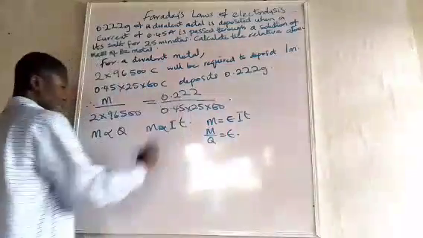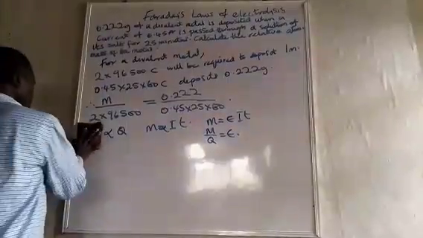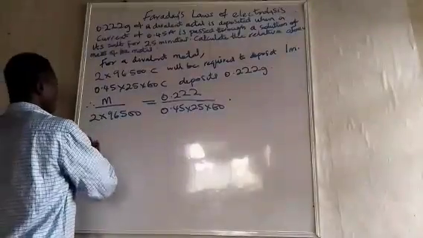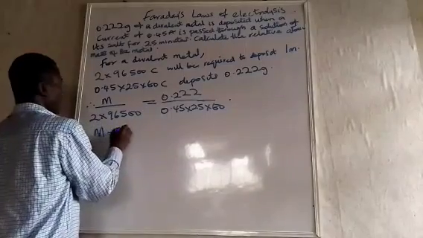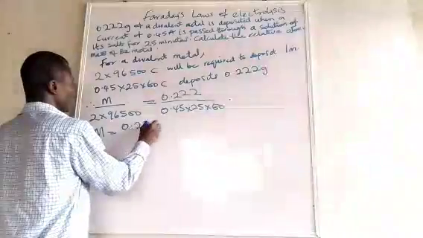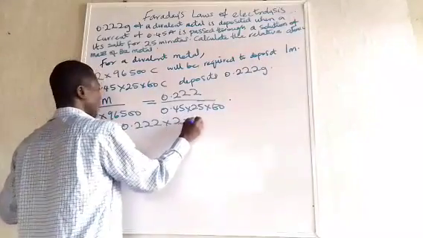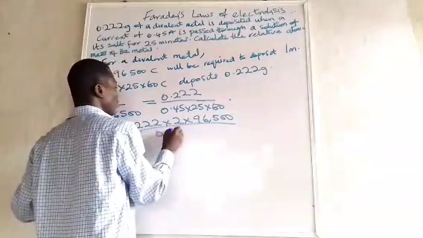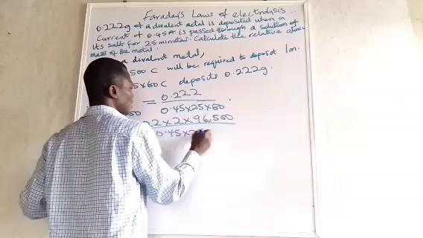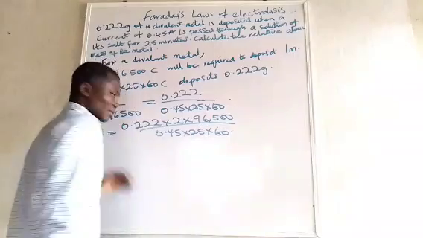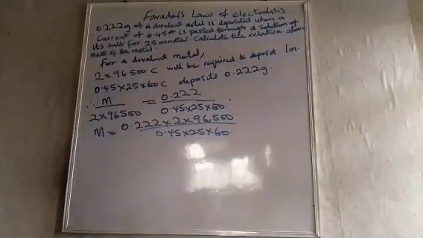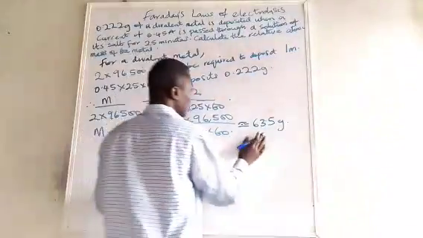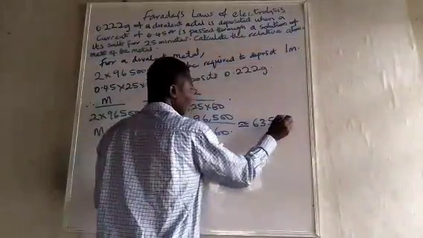So that's what I did here. Now, I can calculate the molar mass. 0.222 times 2 times 96500 over 0.45 times 25 times 60. So, from the calculation, the relative atomic mass is 63.5 grams.